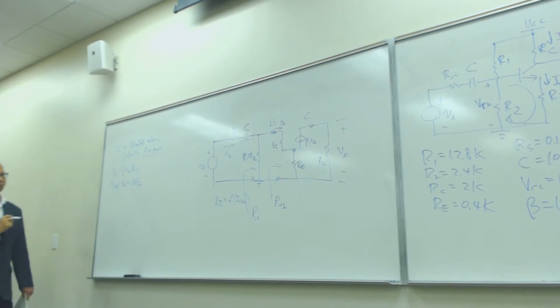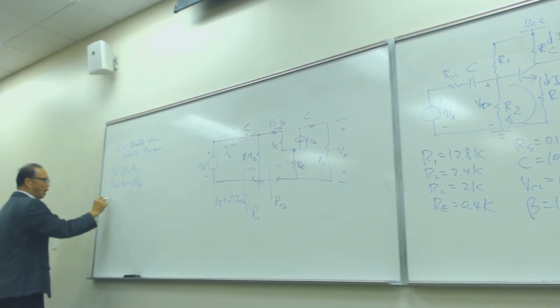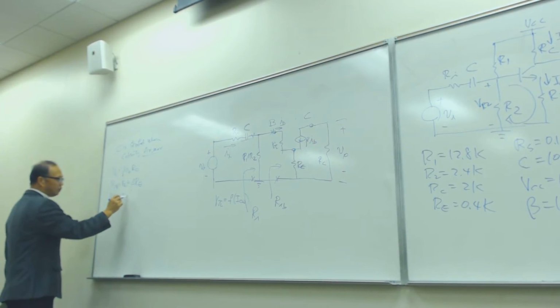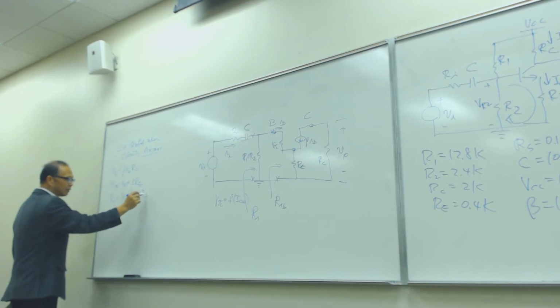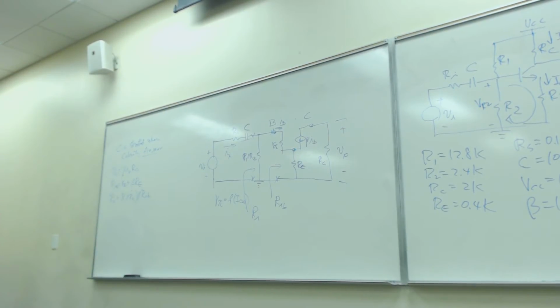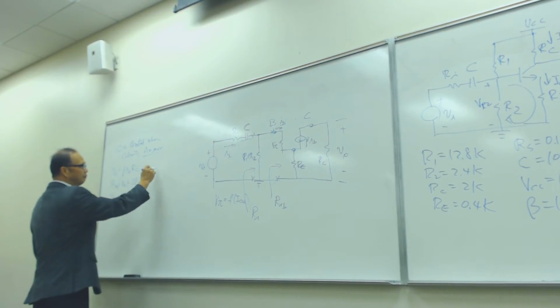So therefore, R sub I is simply R1 in parallel with R2 in parallel with R sub IB, correct? So this is what you have.